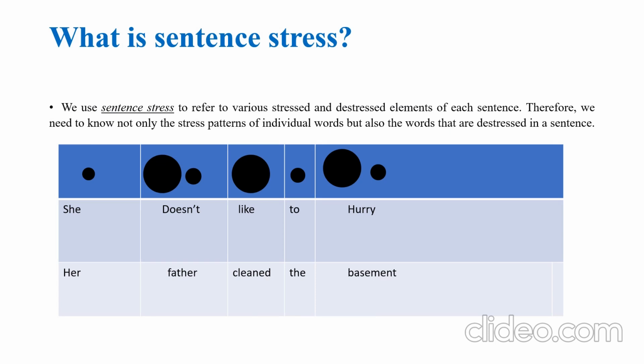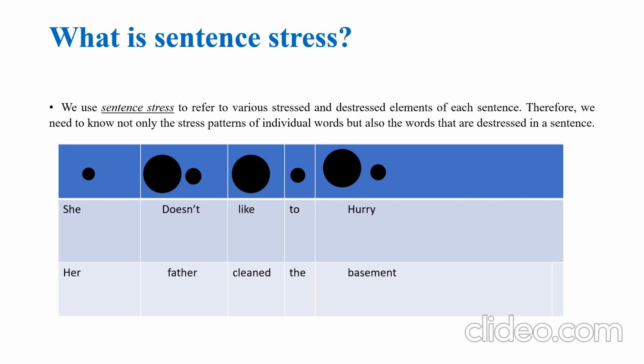So native English speakers prefer to hear the sentences that are following the rhythm in English. It means the ones that are following the sentence stress patterns in English. So what is sentence stress?